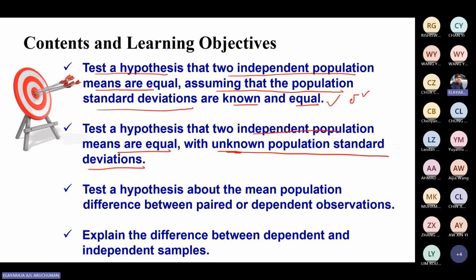Next, we do the test of hypothesis about the mean population difference between the pair, or also what we call dependent observations.